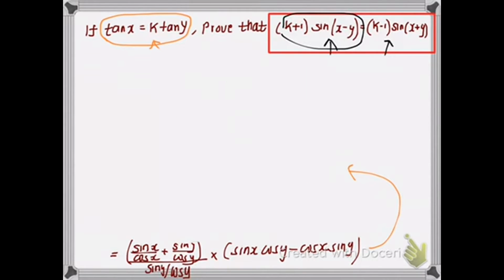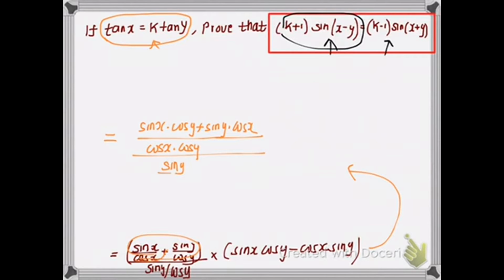Now on further simplification, we have the LCM for these two terms. For the numerator part, we have cos x cos y as our LCM. So here we have sin x cos y plus sin y cos x divided by, finally, sin y by cos y, and then the remaining term.